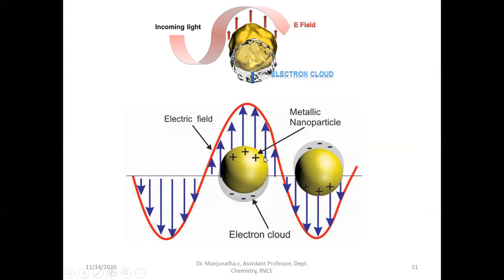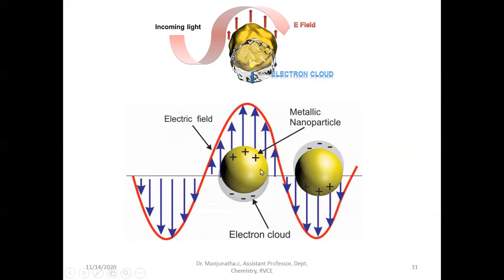This up and down vibration of the electron cloud requires energy. It absorbs a certain amount of energy, and the remaining energy is transmitted, so that color appears for the colloidal suspension. If the size of the particle is different, it requires different energy and exhibits a different color.